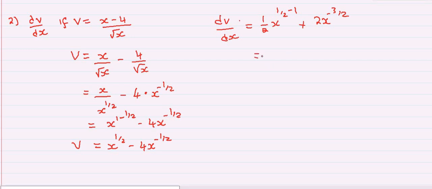So let's simplify it. 1 over 2 x exponent 1 over 2 minus 1 is negative 1 over 2, plus 2 x exponent negative 3 over 2.